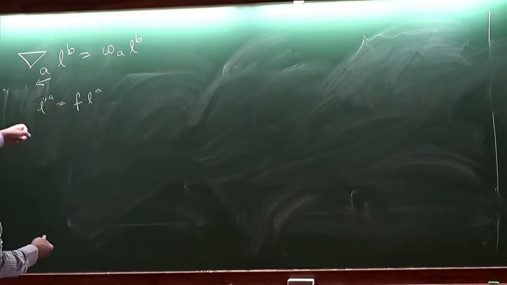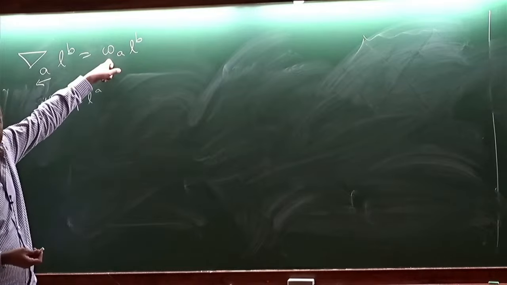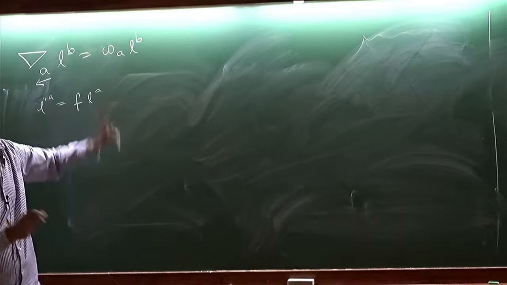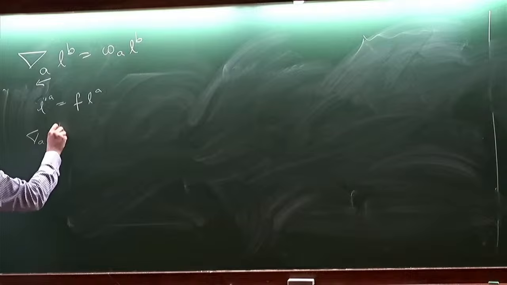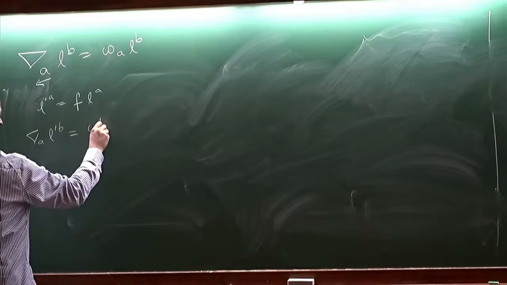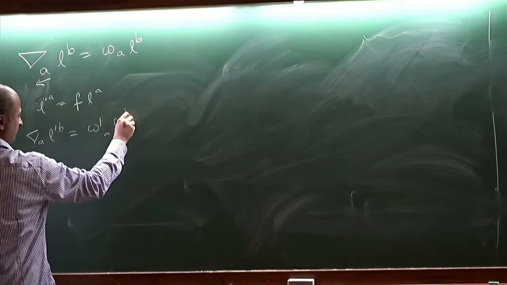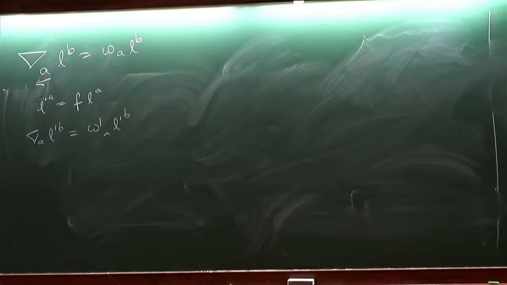If I do that, the omega corresponding to the L prime will be some omega prime, which will be different in general from omega. So let us say that grad_A L prime^B is omega prime_A L prime^B. If L prime is F times L, let us put that in here.